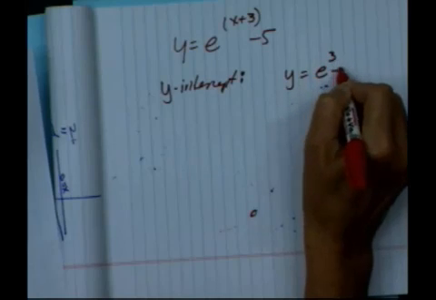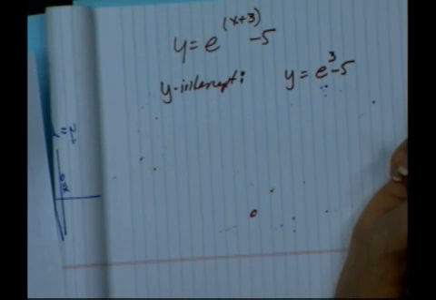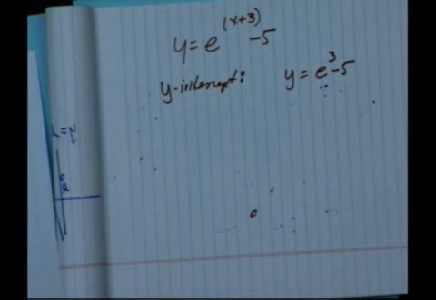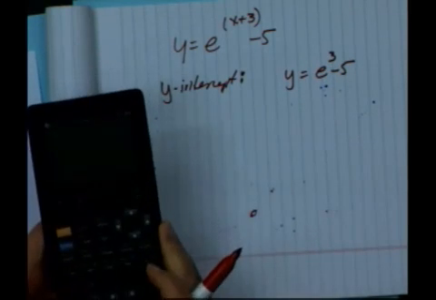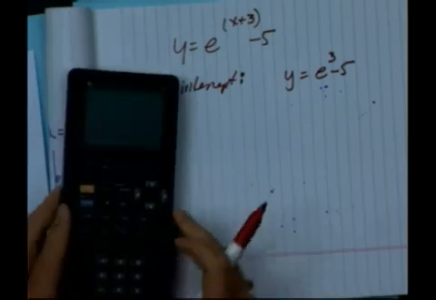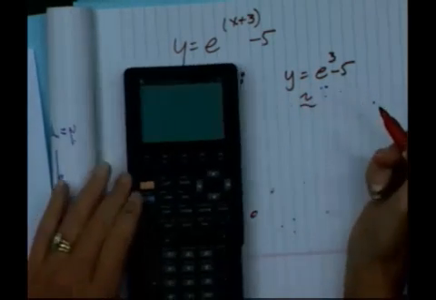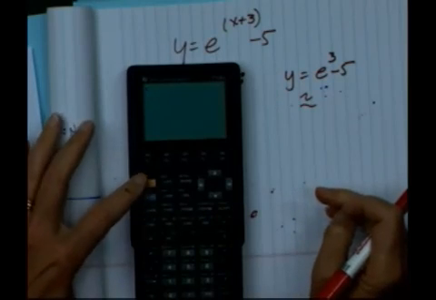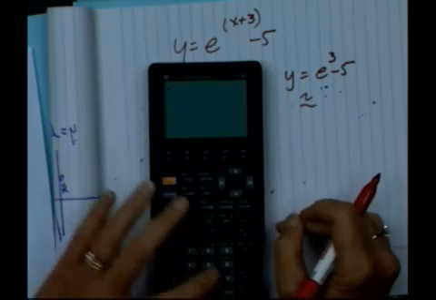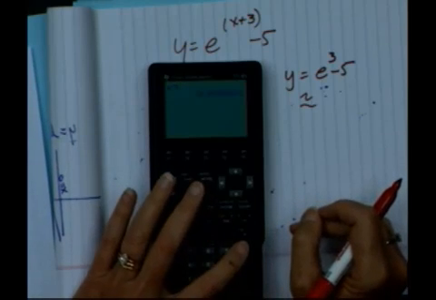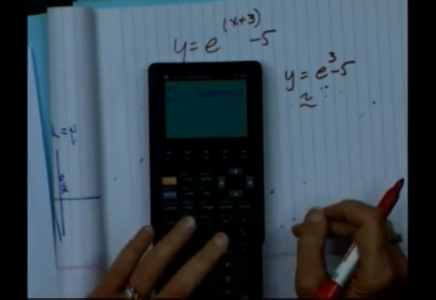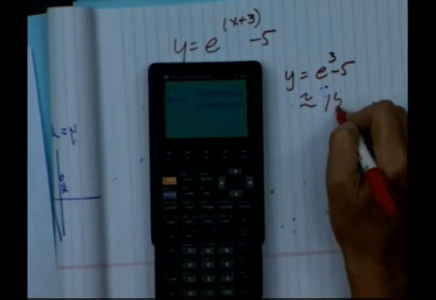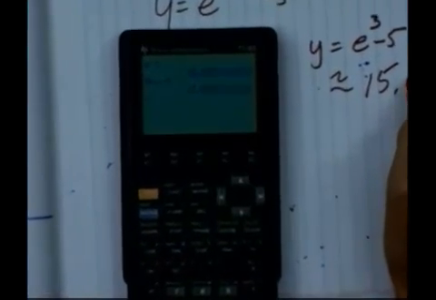Remember, you let x be 0, so y equals e to the 3rd minus 5. That's a perfectly great answer, except that we'd like an approximation if we're putting it on our graph. So we'll say e raised to the 3rd minus 5. That comes out to be approximately 15.09.